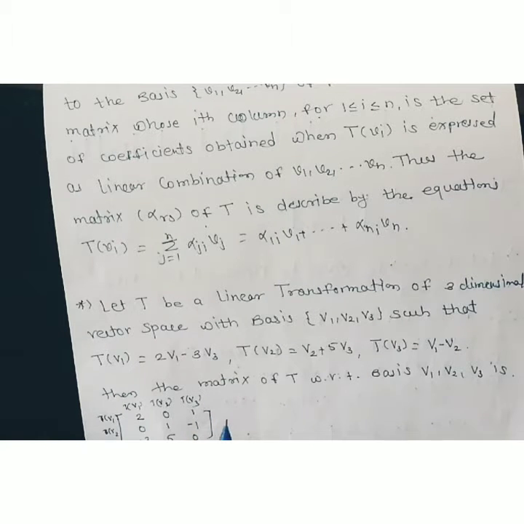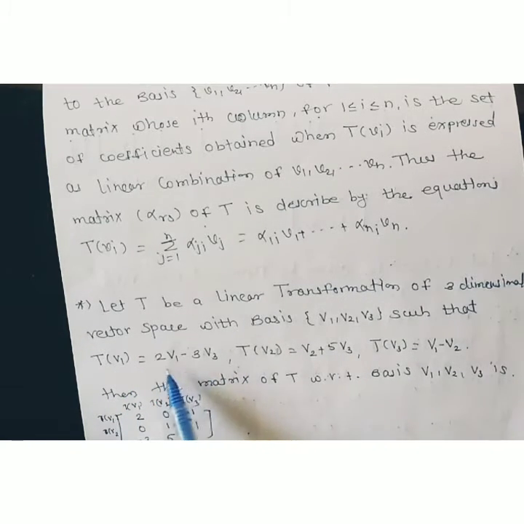The most important thing to remember is that first of all, T operates on each basis vector, and the result should be represented as a linear combination of the basis vectors only. Then you can consider the coefficients directly as the entries of the first column, second column and third column.